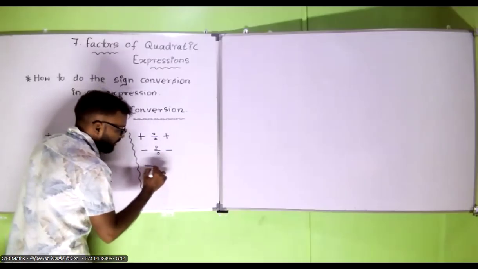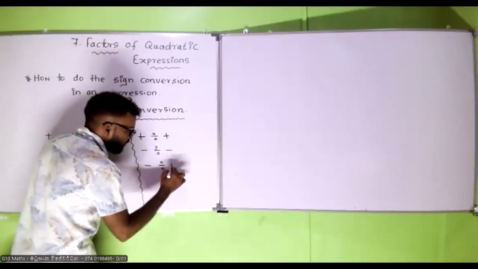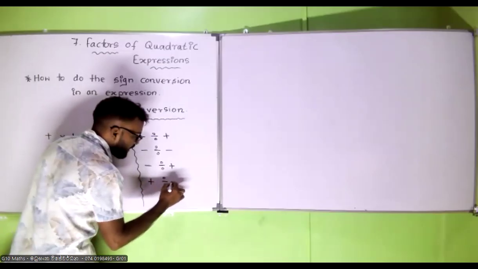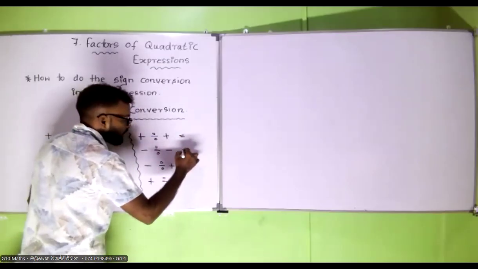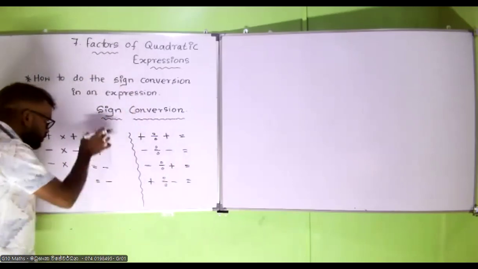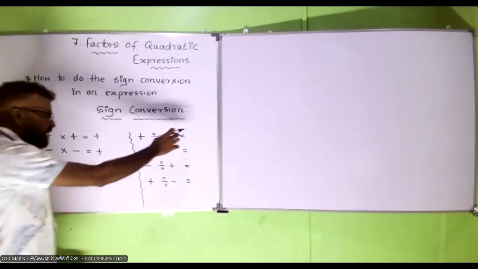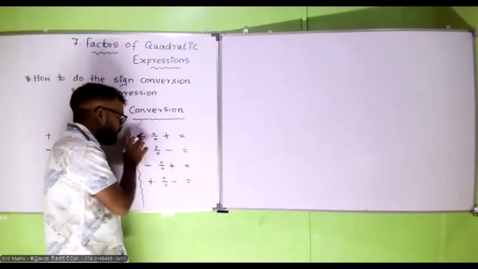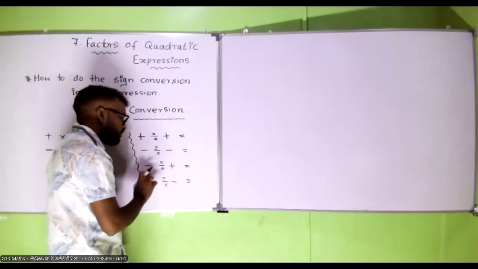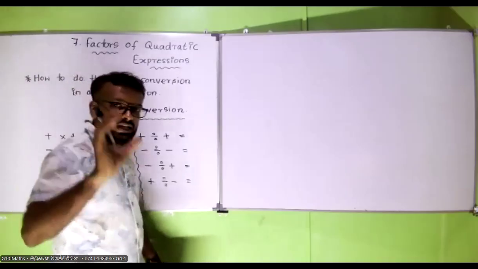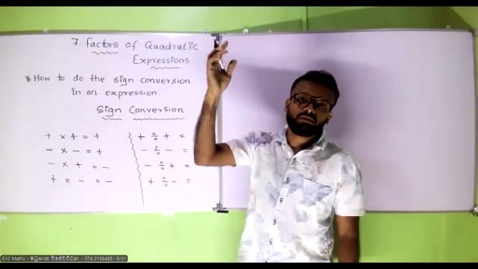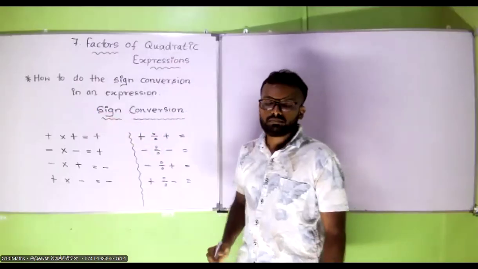Negative number divided by a positive number. Positive number divided by a negative number. Equal mark, equal mark, equal mark, equal mark. So the same results will be obtained as in multiplication, so that you can easily memorize those things.